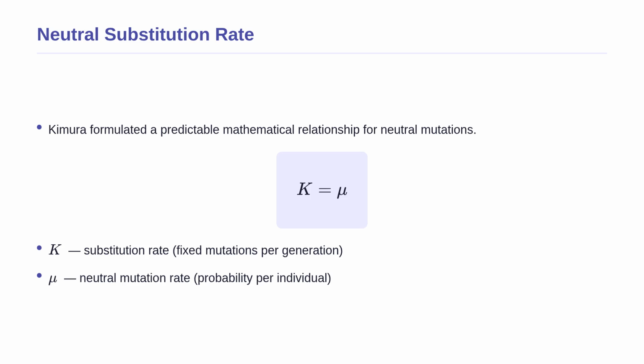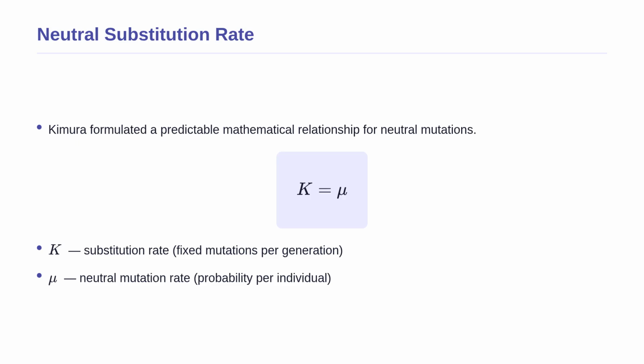To understand how these neutral mutations accumulate, we can look at a simple mathematical relationship. Kimura showed that the rate at which a new neutral mutation becomes permanently fixed in a population is remarkably predictable. This leads to the elegant equation, K equals mu.